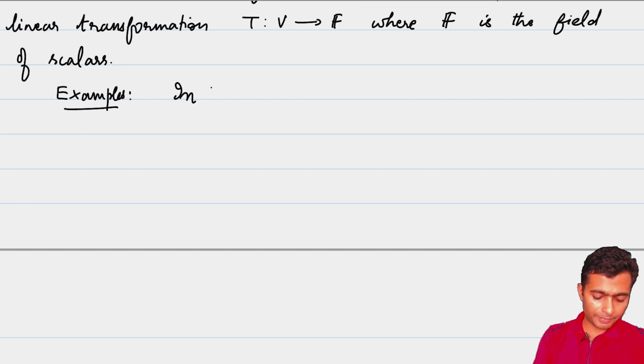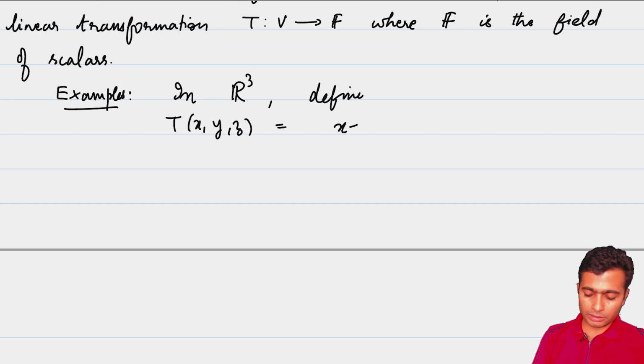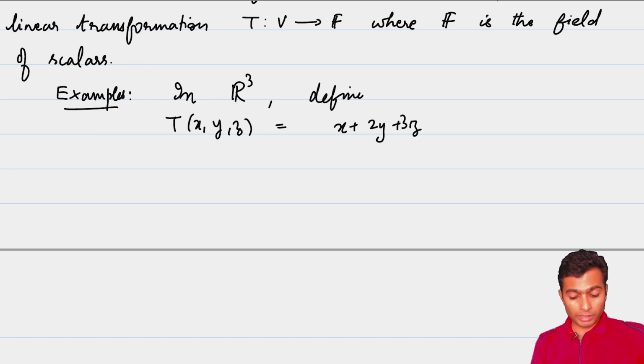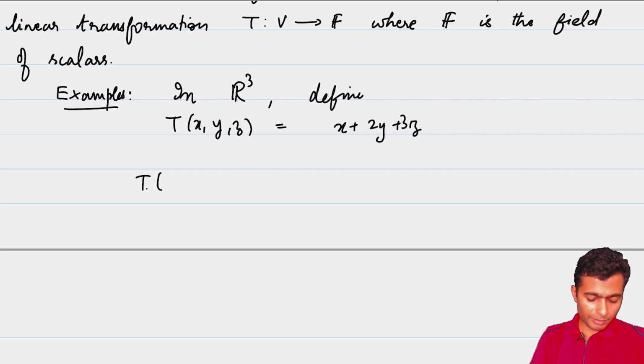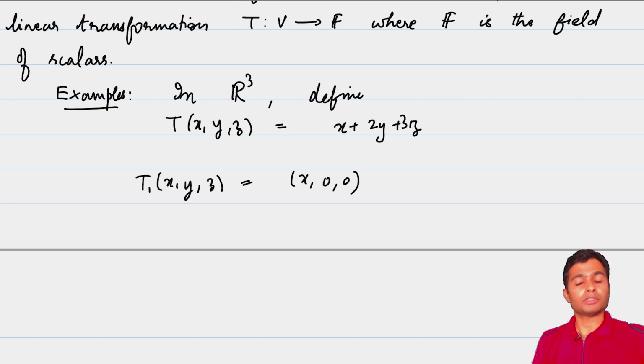So in R3, let's define T of x, y, z to be something like x plus 2y plus 3z. This is an example of a linear functional. Another linear functional would be T1 of x, y, z equal to x, 0, 0. This is another linear functional.